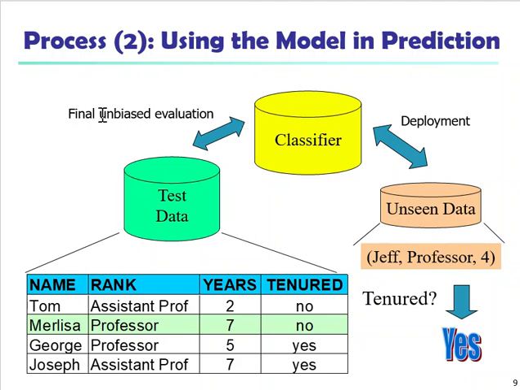Unbiased means that this test set is independent of the training or validation set. Only when you have a test set that's completely independent from your training and validation set can you claim that your final evaluation is an unbiased evaluation.